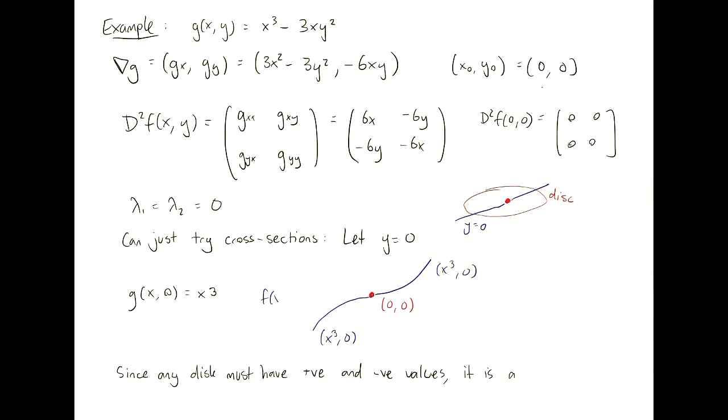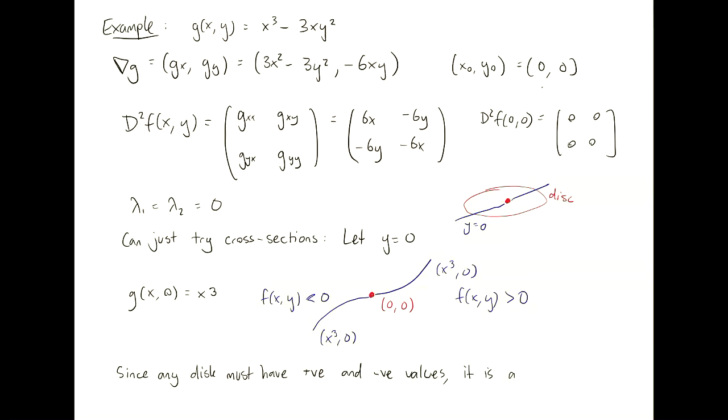So here I get f of x, y is less than 0. And here I get f of x, y is greater than 0. Which means that I can find points in my disk that are less than the value at 0, and I can find points in my disk that are more than the value at 0.